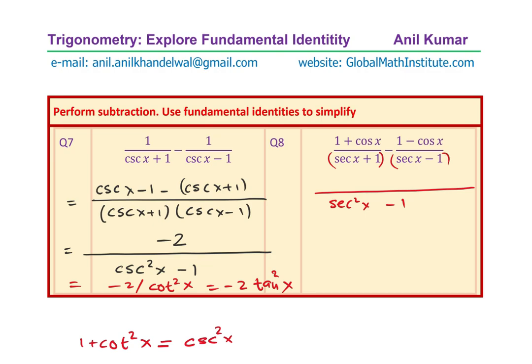And I'd like you to do the numerator part, which is 1 plus cos x times secant x minus 1 minus 1 minus cos x times secant x plus 1, and see what you get. So I'll leave this exercise for you to do.